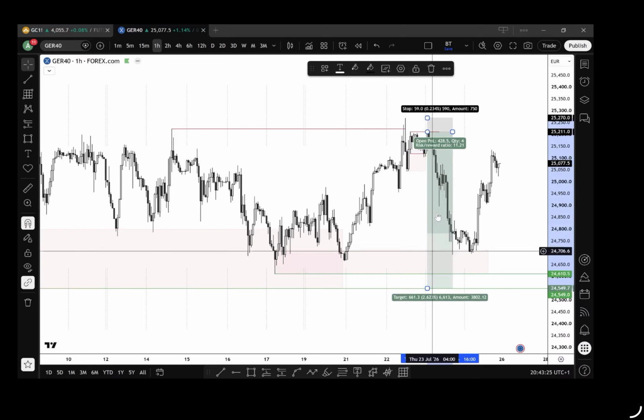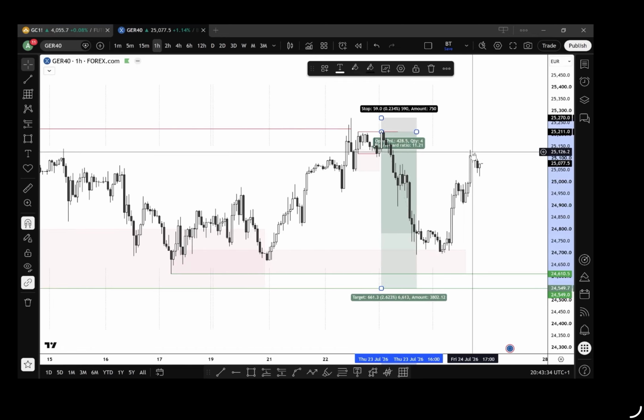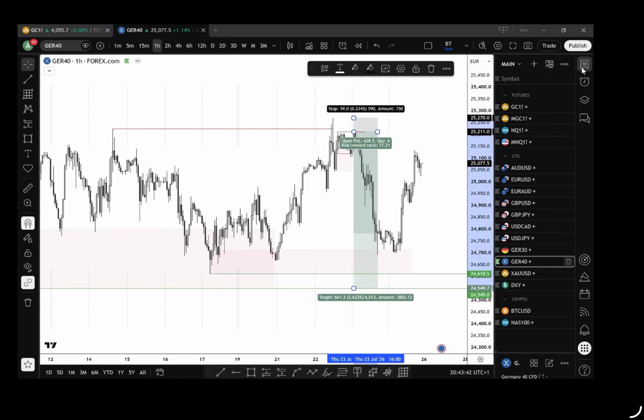Unfortunately, it respected the lows once more and moved away, which is unfortunate, but still a very clean position that you could have taken. And that was German 40.